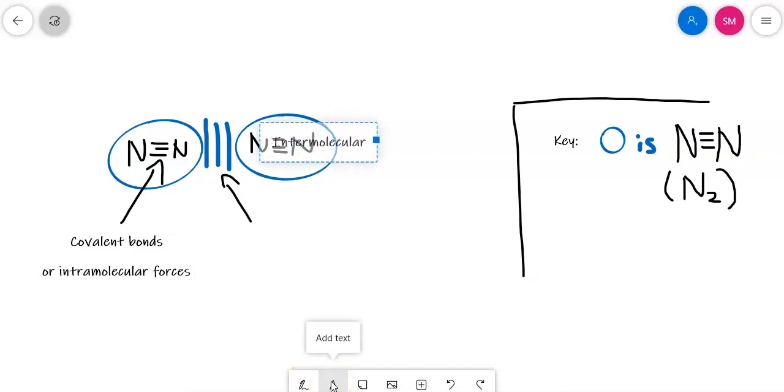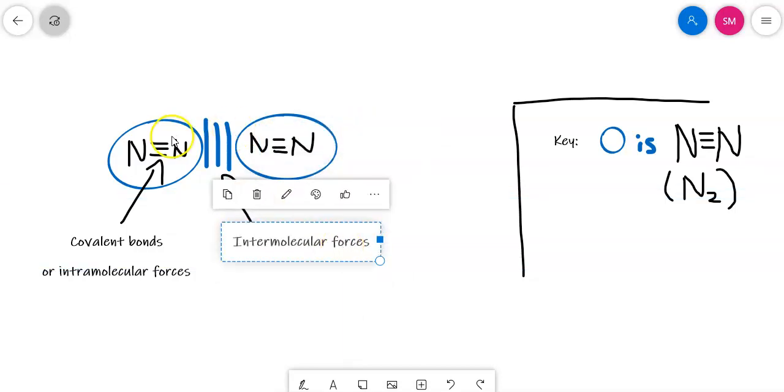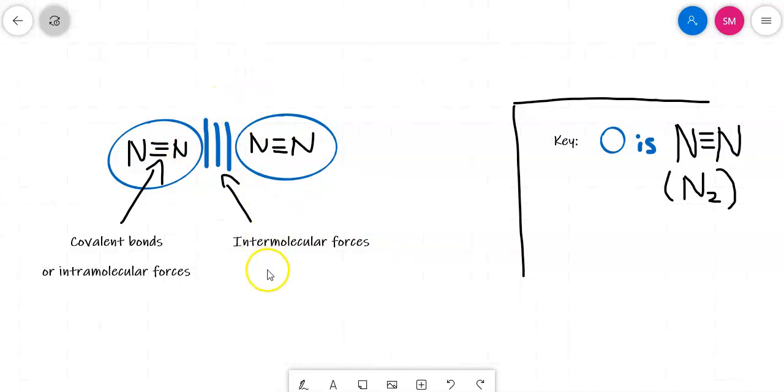So because these forces between these nitrogen molecules are weak, it requires very little kinetic energy to overcome these forces. So that means that at a low temperature, these bonds between the molecules will break and the molecule will go from a solid to a liquid to a gas at a very low temperature.